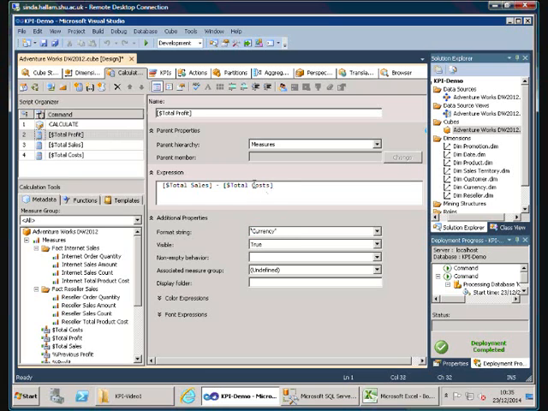Okay, I'm just going to copy this because a fourth measure is not going to be the subtraction between the total sales and costs, but it's going to be the ratio between those two. So we can set up a calculated member, and this one is going to be the ratio of profit.